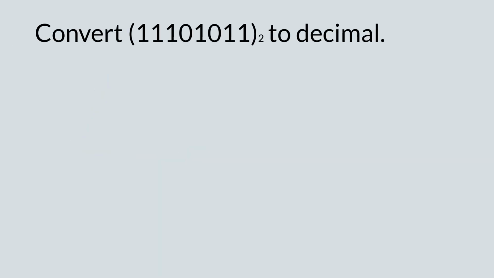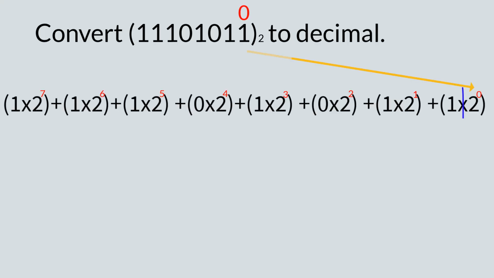Let's look at another example of a binary number, 111010111 in base 2. Since this is in base 2, the place values are powers of 2. Working from right to left, the powers are 2 to the power of 0, 2 to the power of 1, 2 to the power of 2, 2 to the power of 3, and so on.